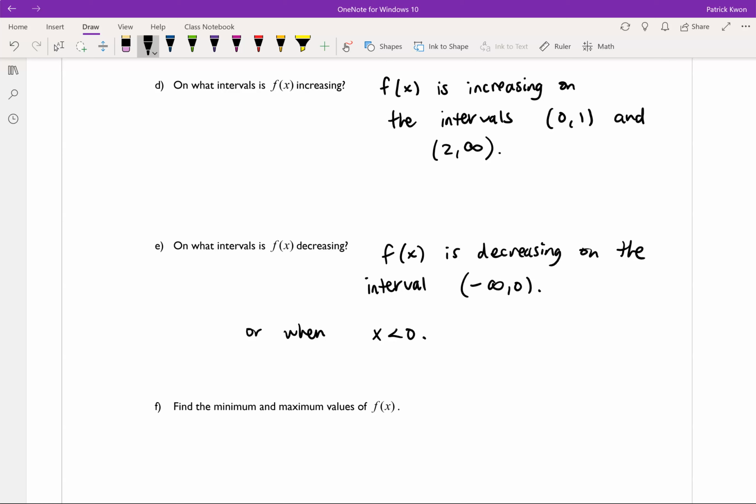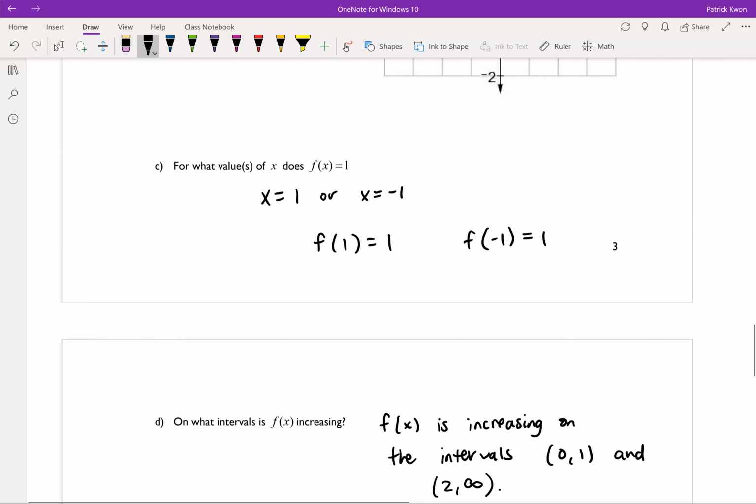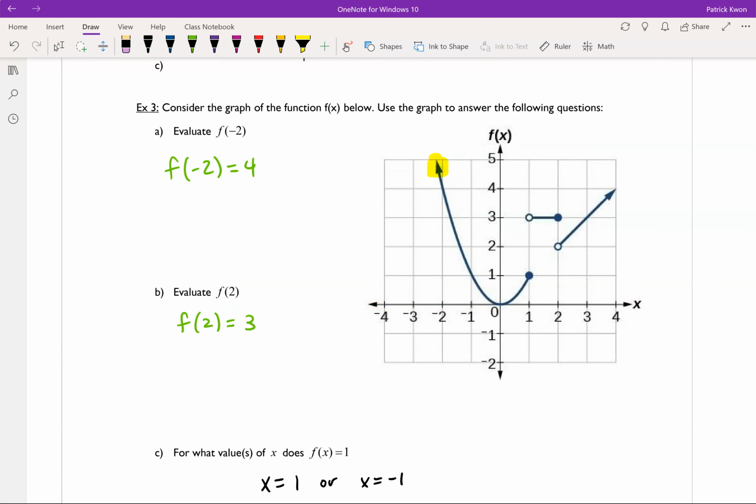Part F says find the minimum and maximum values of f of x. So the minimum value is going to be the lowest point on the graph, and the maximum value is going to be the highest point. Notice that there is no maximum because, again, these arrows are here, so they're going to go up forever and ever, and so we can't really attain a maximum point, although there is a minimum point, and it's happening right there at the origin.